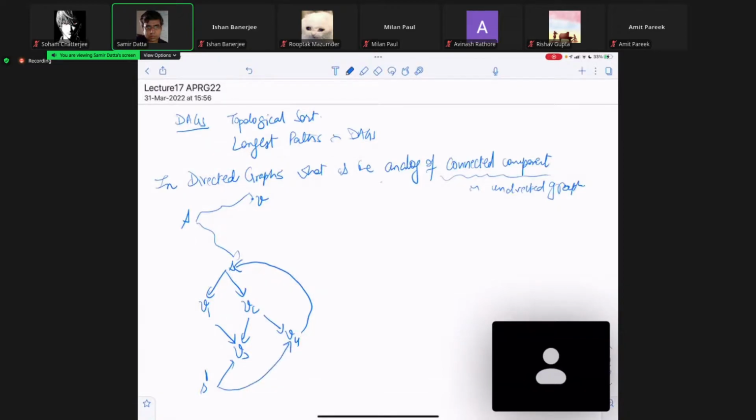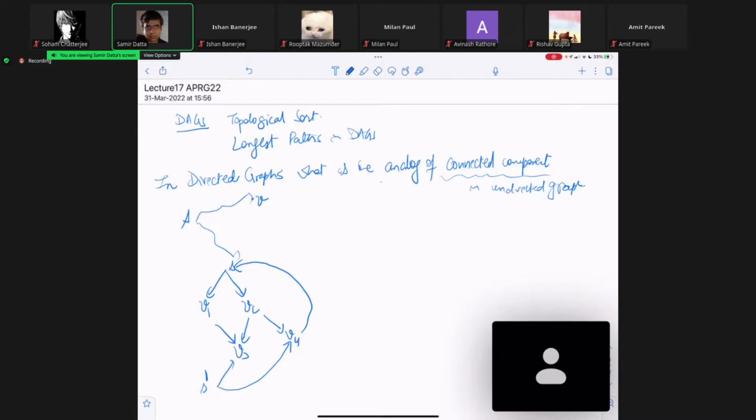So there's some directed graph. Here you see that you can reach from S to V1, but you cannot reach from V1 to S. So you will not be able to partition the vertices into equivalence classes.